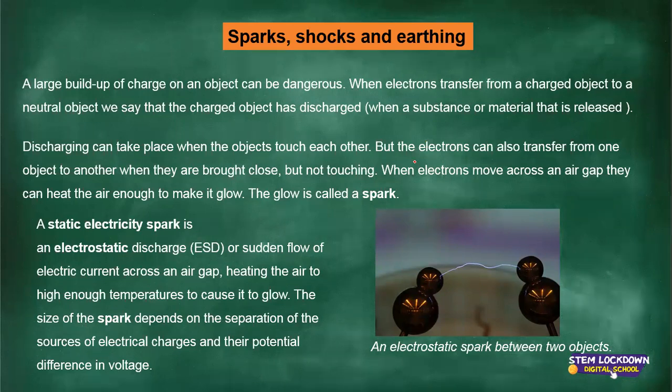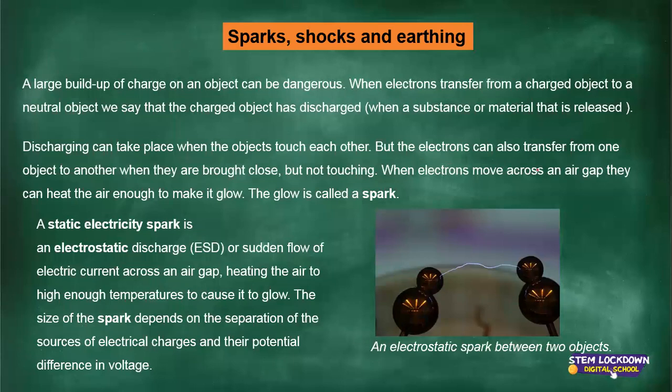So for example, when you use the balloon and you rubbed it against your hair, you used friction. So from the balloon, electrons went onto your hair, which caused your hair to rise. So this was the discharge of electrons because the balloon and your hair touched each other.